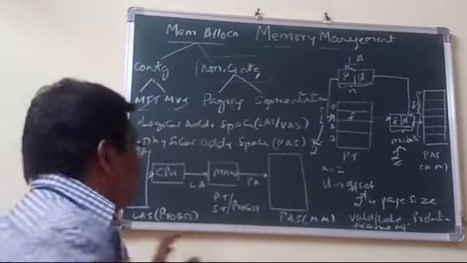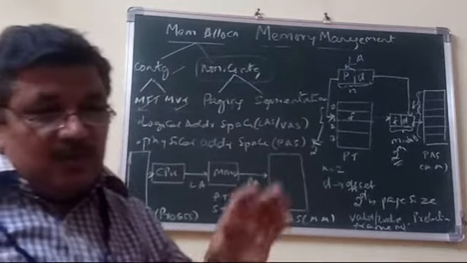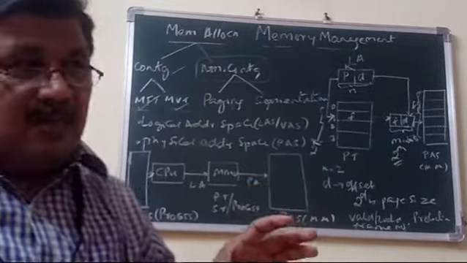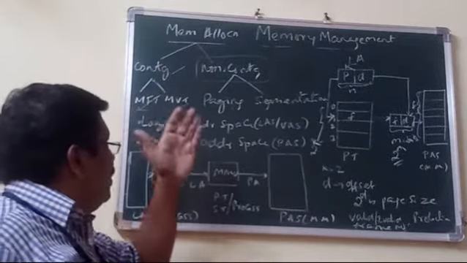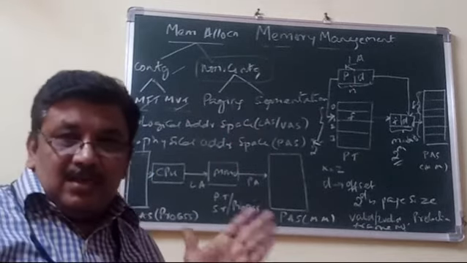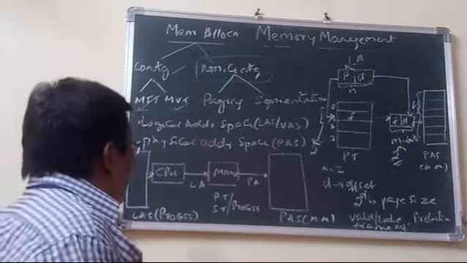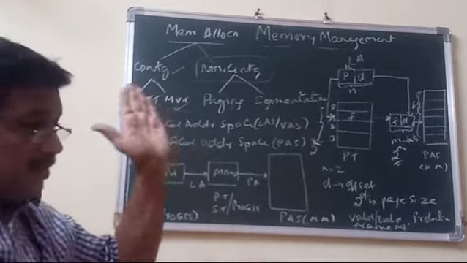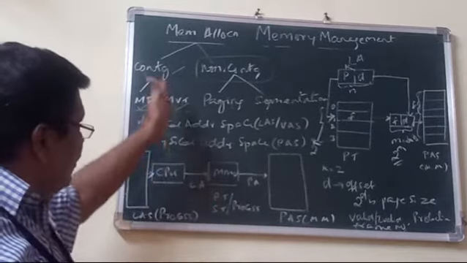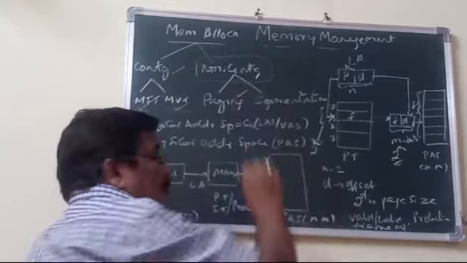That is the basic requirement of contiguous allocation. Due to this, it suffers from external fragmentation. This problem of external fragmentation in contiguous memory allocation, we can overcome by using paging.